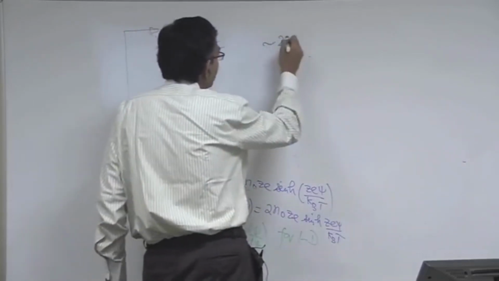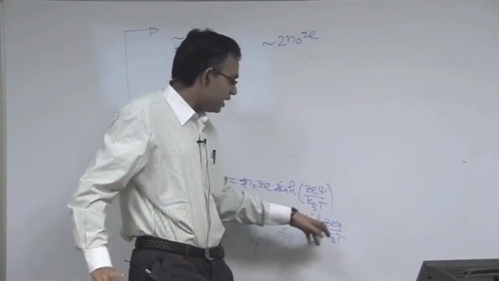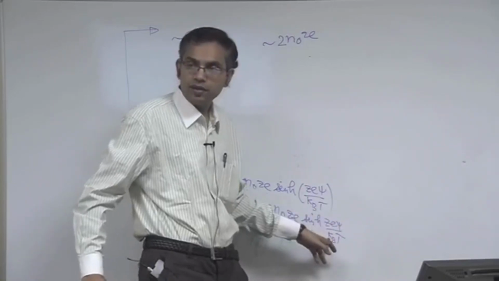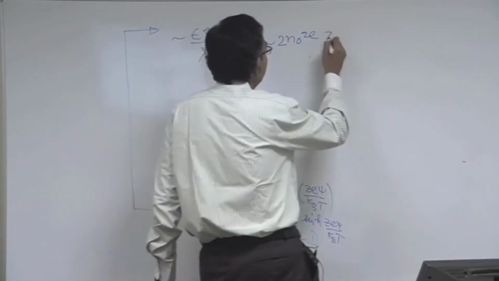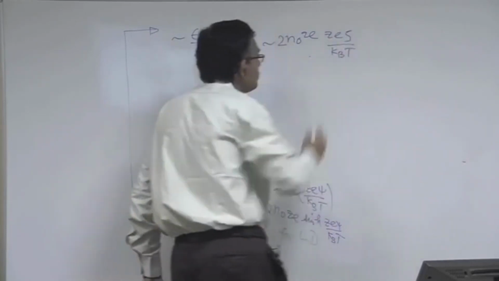And the right hand side, the order is 2 n0 Z e times sinh of Z e psi by kBT, whose order is Z e psi by kBT. So Z e zeta by kBT.